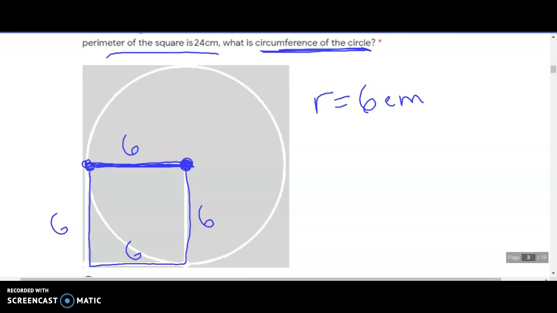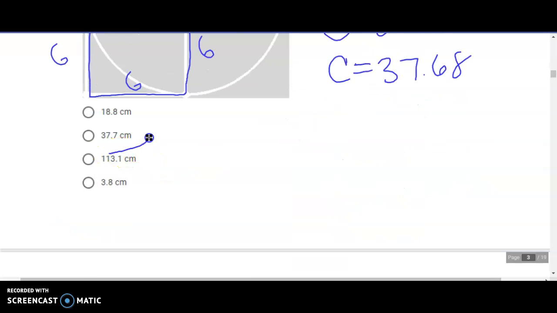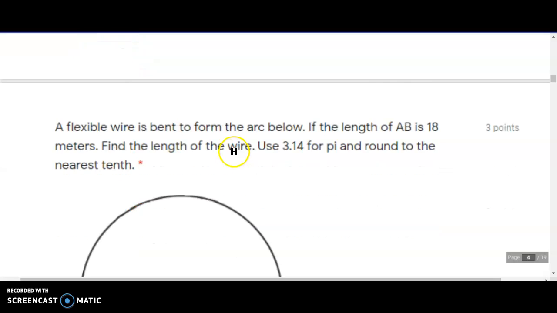And if we want to know the circumference, now we're going to go back to the formula C equals 2 pi r, which is C equals 2 times 3.14 times 6, and we get 37.68. Okay, so that's going to be 37.7 right there.